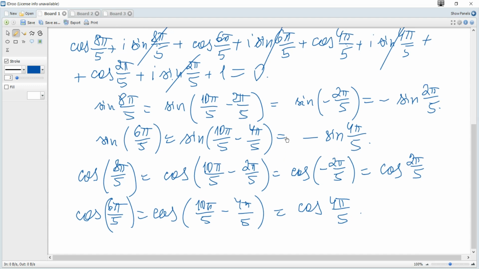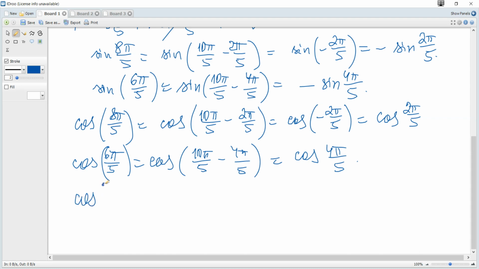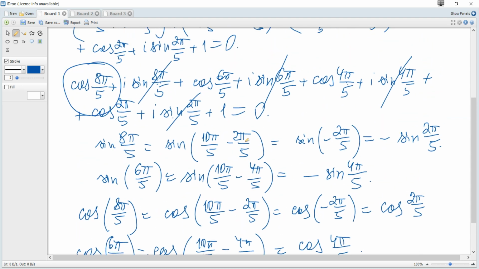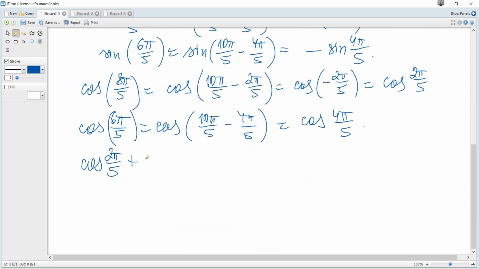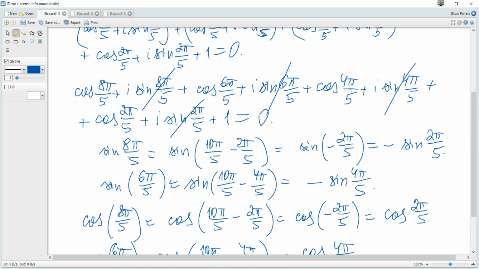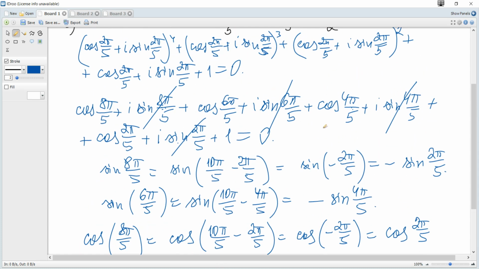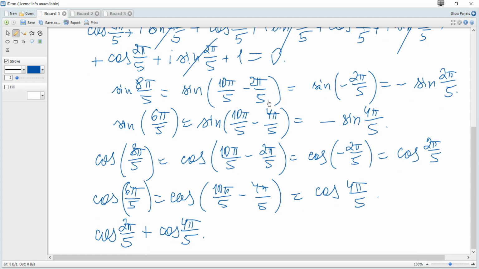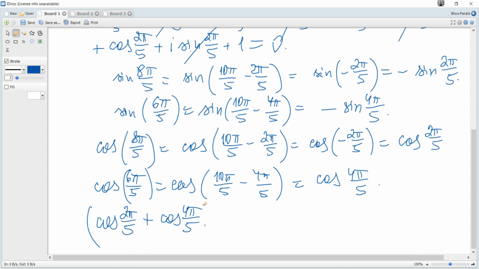Hence, it becomes cosine of 2 pi over 5, plus cosine of 4 pi over 5, plus cosine of 4 pi over 5, plus cosine of 2 pi over 5, so we can just multiply by 2, plus 1 is 0.